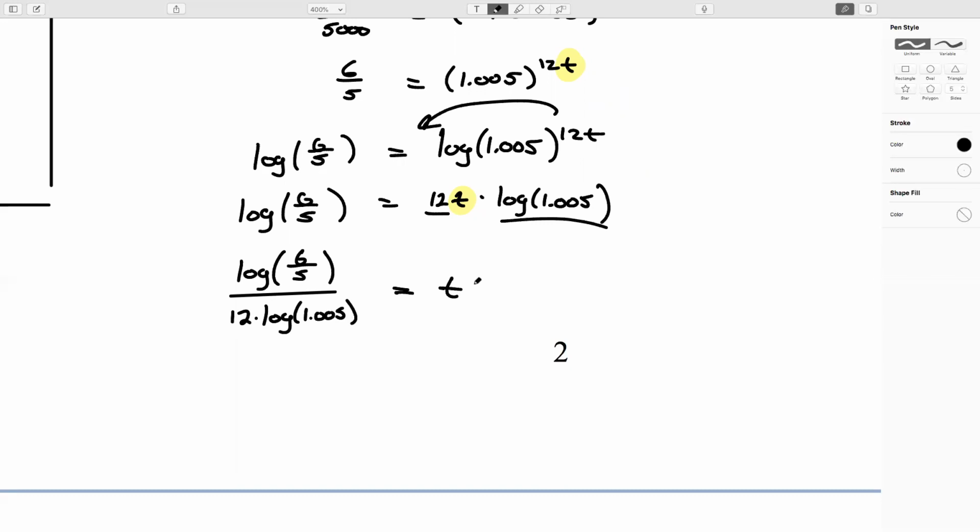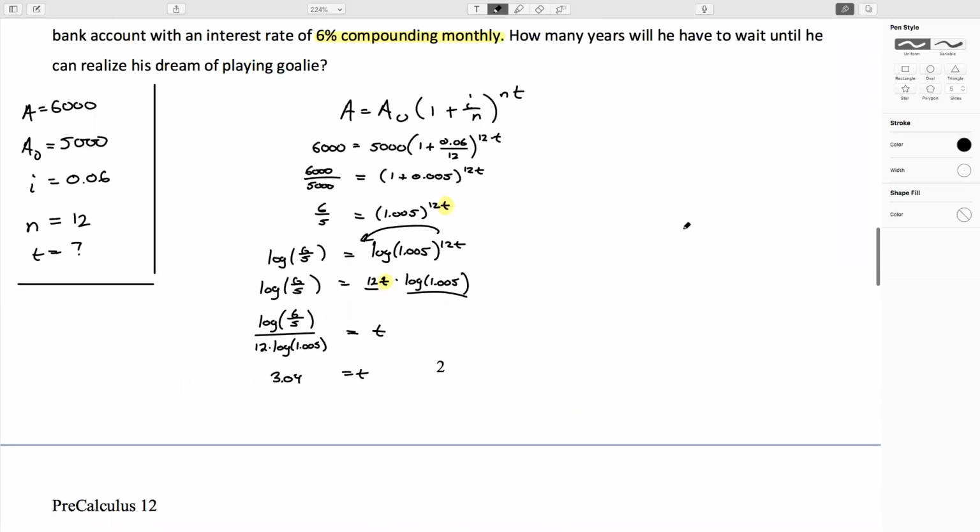All right, so now we have to put this in our calculator. We can do it in one shot and we'll get a little bit of a more precise answer. 3.04 equals time. So what we've actually gone and found is that Ben can buy his pads in t equals 3.04 years.